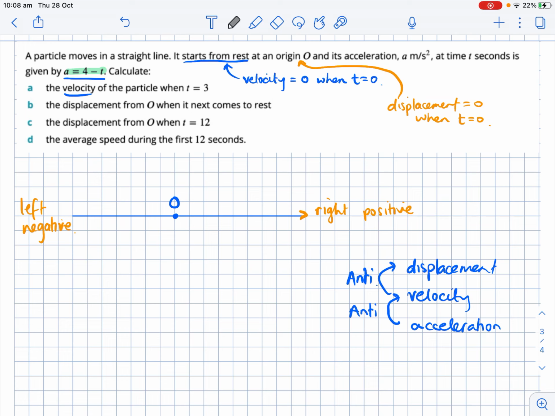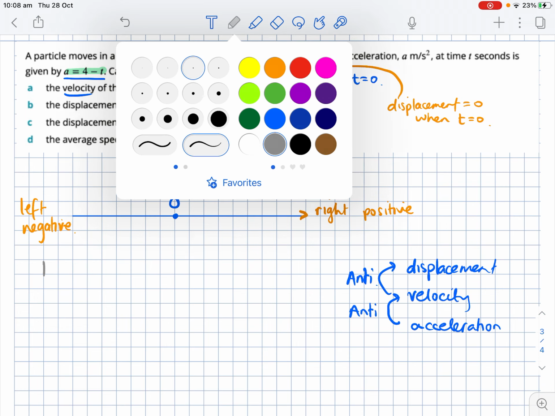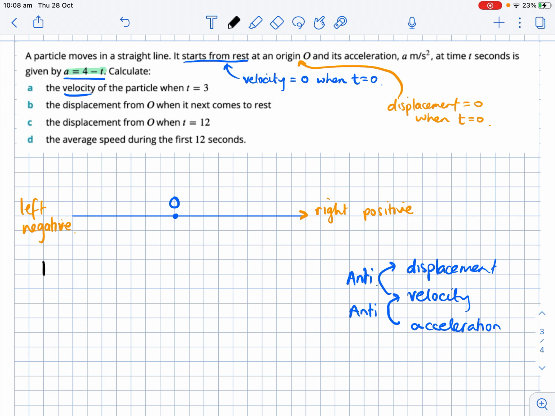Okay, so let's start working on this problem. Let's find the velocity first. And I'm going to change colours there, I don't like that grey. The little things that matter. Find the velocity, and to find the velocity I'm going to anti-differentiate the acceleration with respect to time.